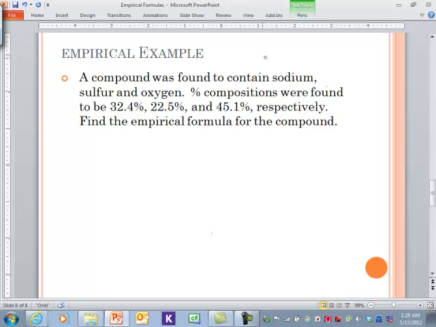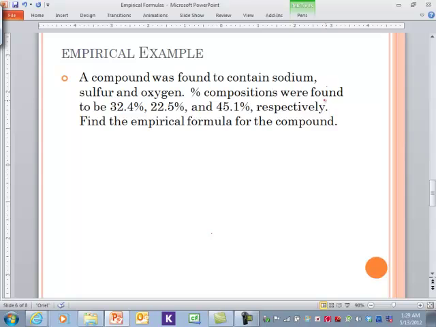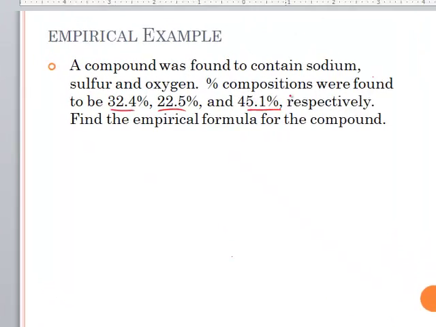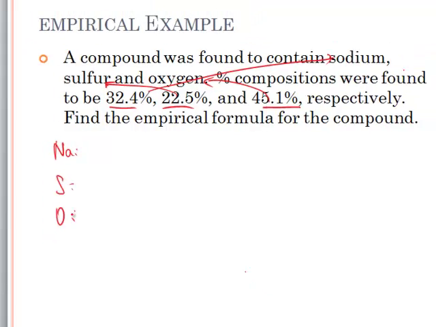So first, we have to understand the question. These percentages are the mass percent of sodium, sulfur, and oxygen. So if we want to write it down, we're going to get sodium, sulfur, and oxygen.